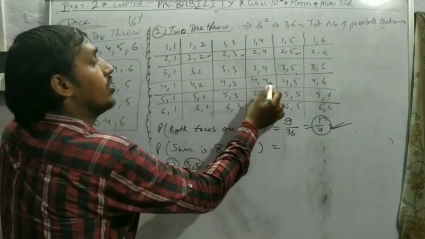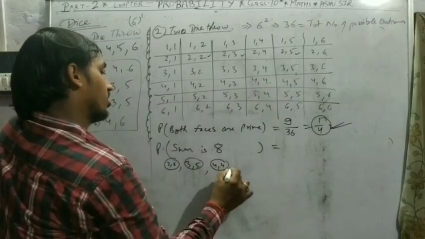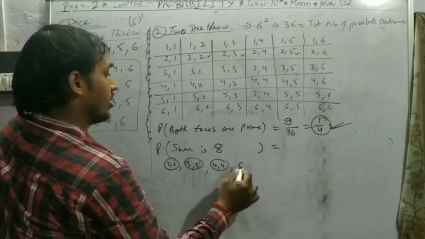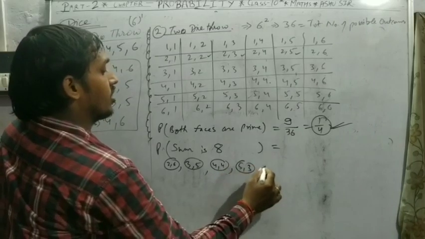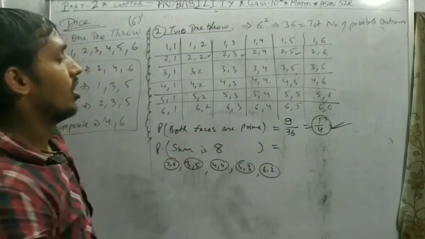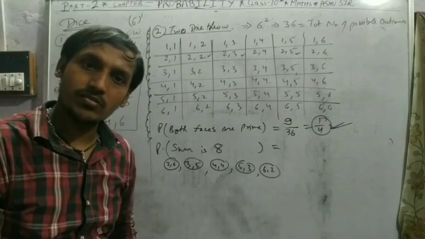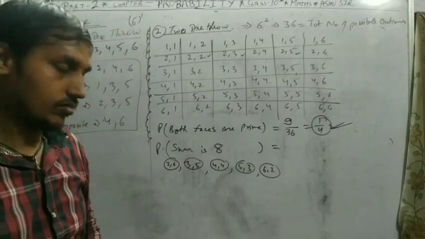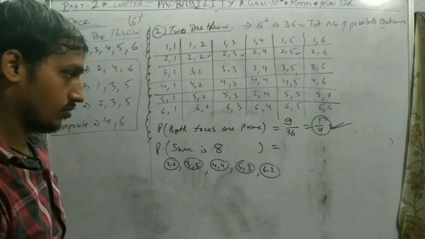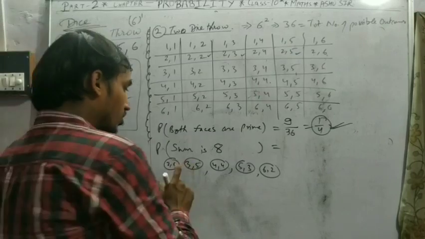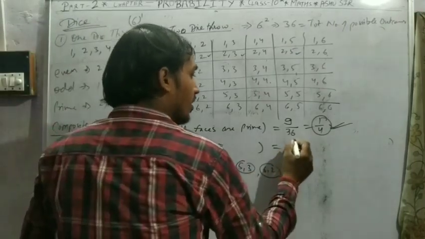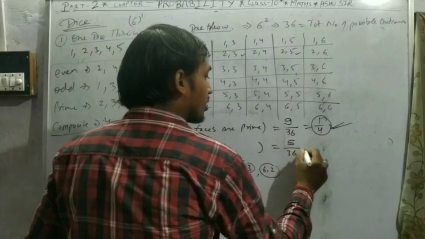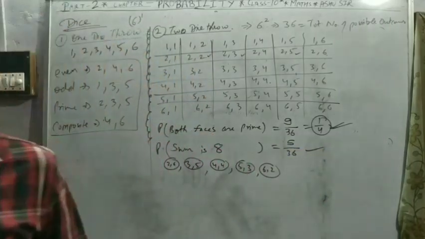In the fourth line, 4, 4, 8. In the fifth line, 5, 3, 8. In the sixth line, 6, 2, 8. Any more? No one. So we write 1, 2, 3, 4, 5. 5 by 36. The sum is 8.